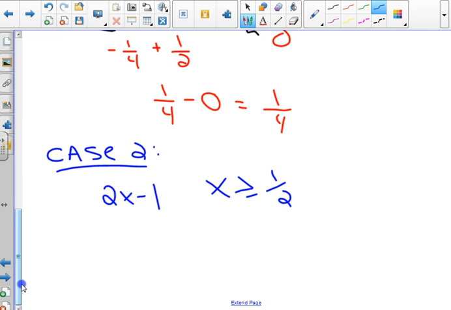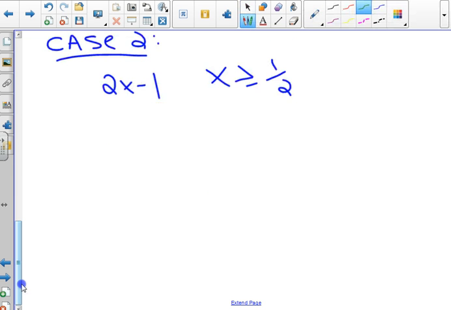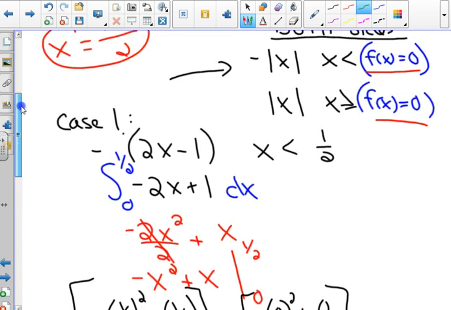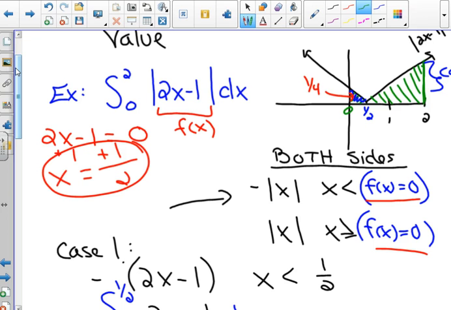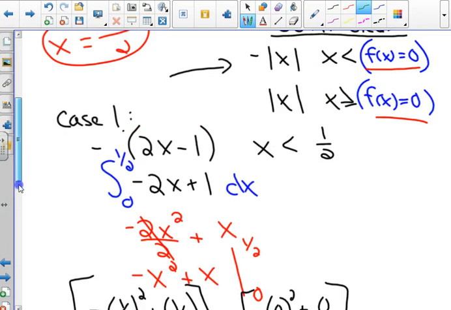Right. So when we do our 2x minus 1, we want to evaluate this one now from 1/2 over. So this time though, what number should go on top if our original was from 0 to 2? Think about the 2, the bigger one. Because now we're going from 1/2 to 2, so the 2 is the bigger one, so that's going to go on top.